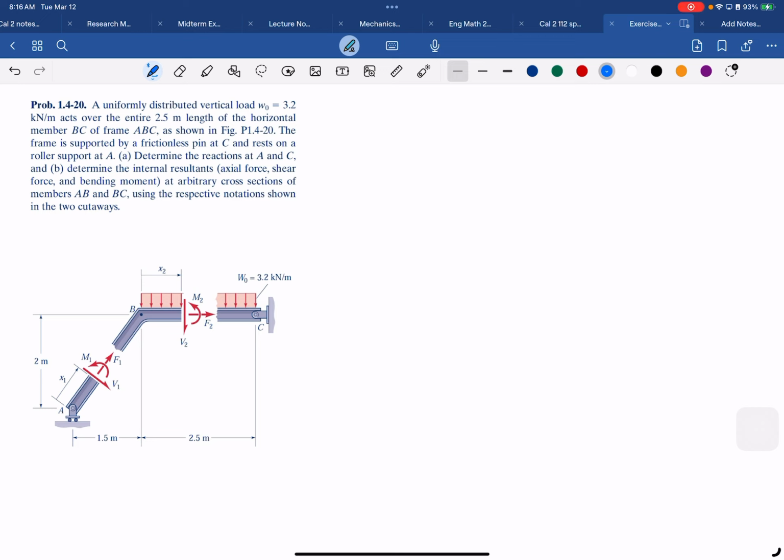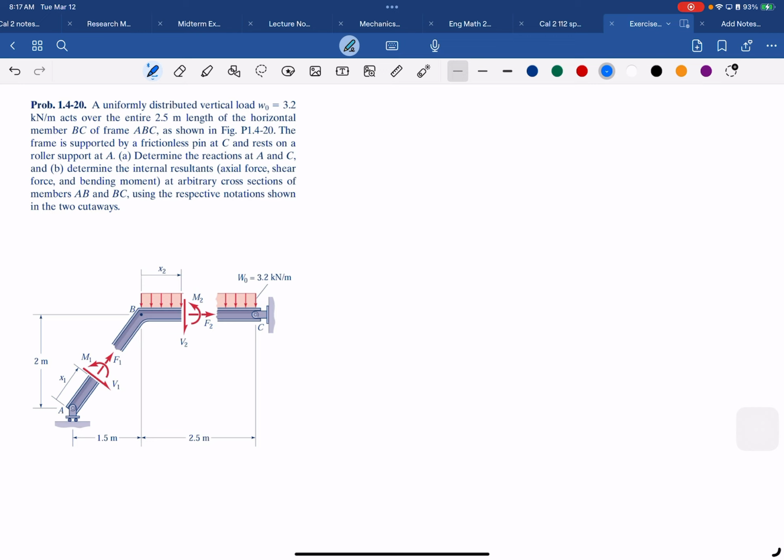If you see something that has to do with distributions, the first thing you need to do, if you want to find all the reactions, is to simplify the distribution into the total resultant. There will be many types of distributions.